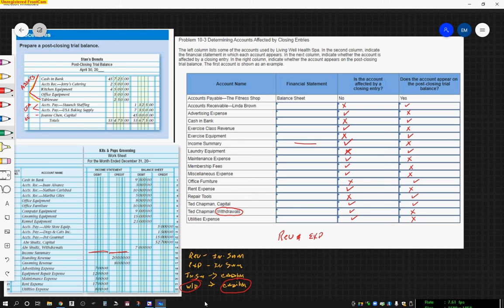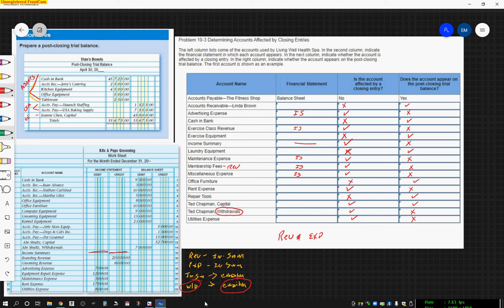All right, so let's go with income statements. Expense, income statement. Revenue, income statement. Fees, income statement. Remember, fees are revenue. Don't get hung up on that.